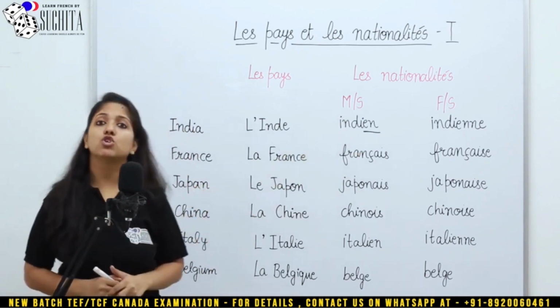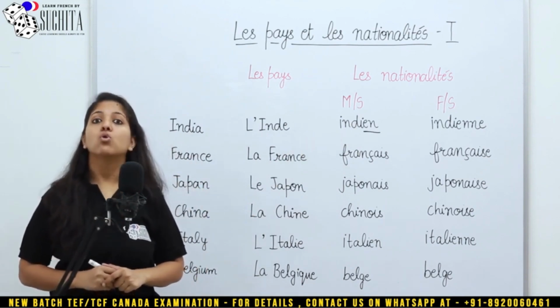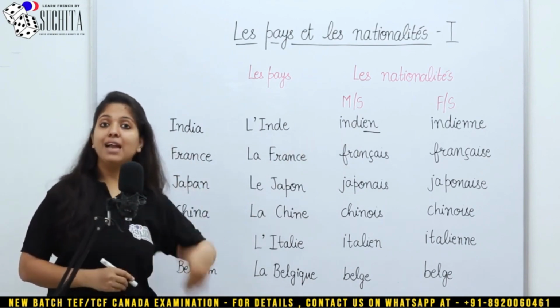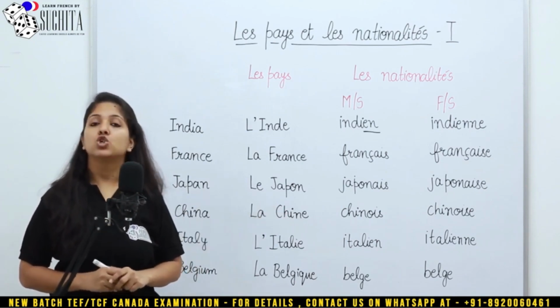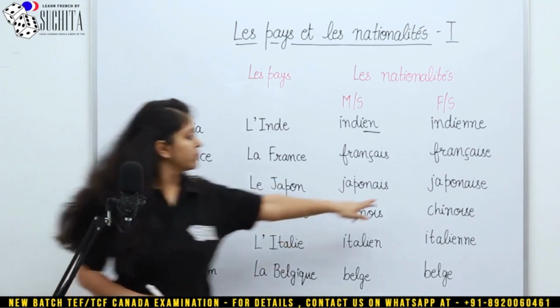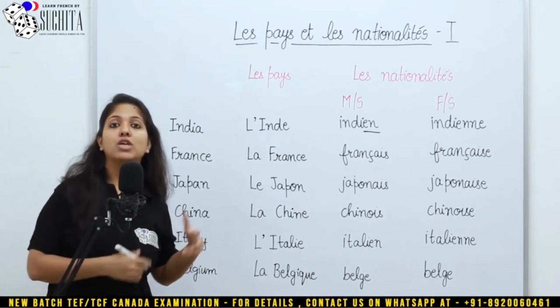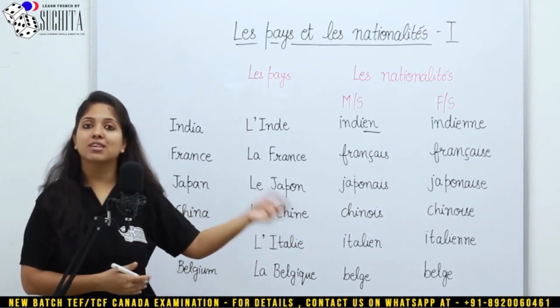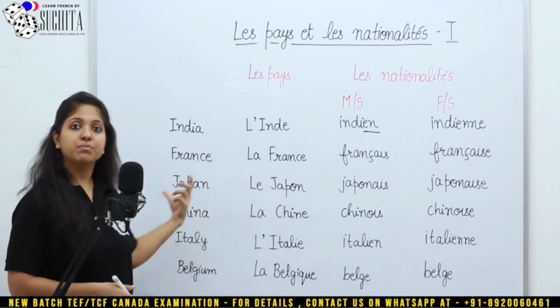Now the third one, which is Japan. Japan is le Japon. The corresponding nationality is japonais. In order to make it feminine, we applied E, which became japonaise. Now, China.